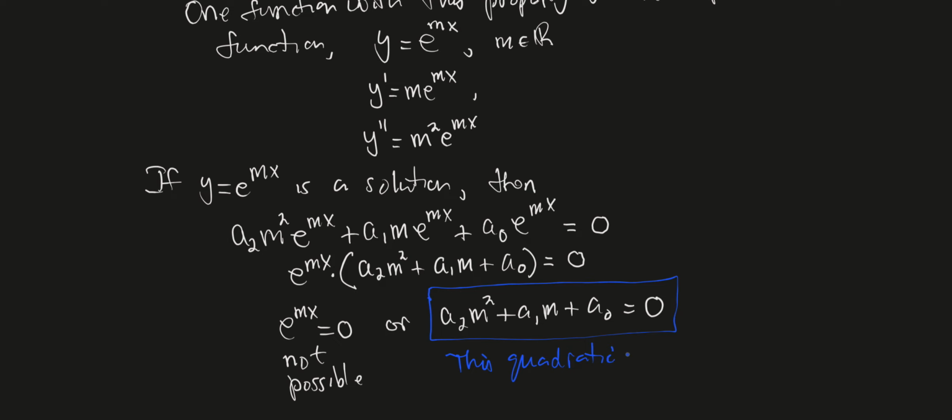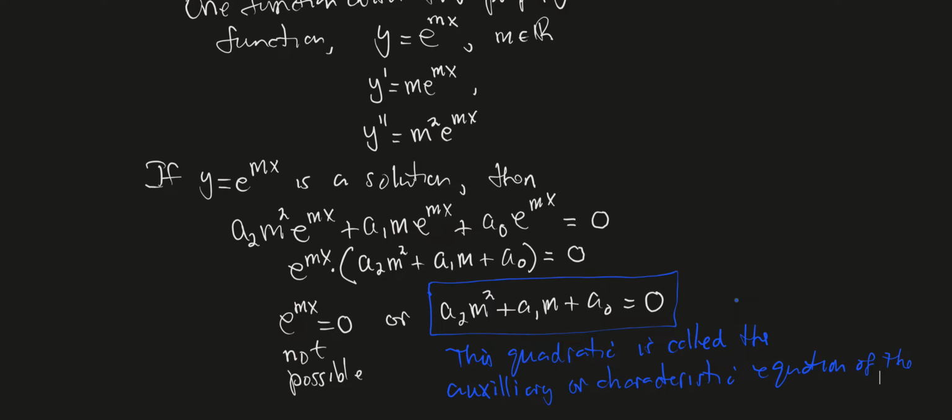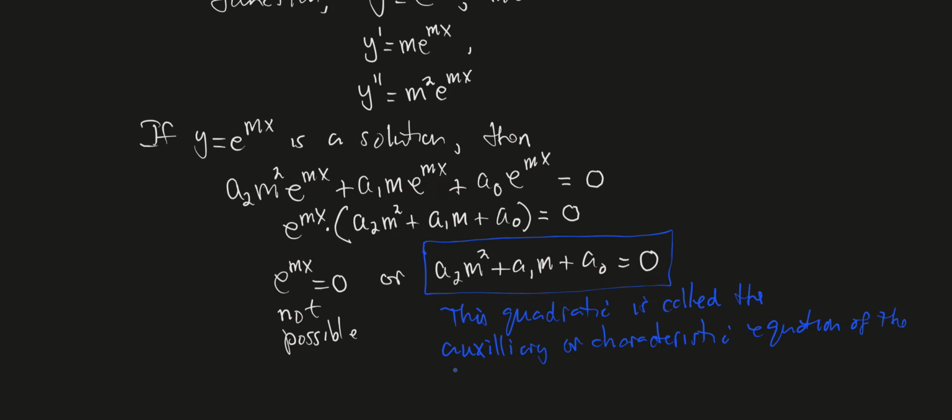So this quadratic is called the auxiliary or characteristic equation of my DE, right? So solving that particular type of differential equation comes down to solving this quadratic equation.